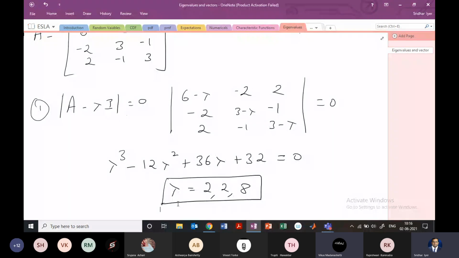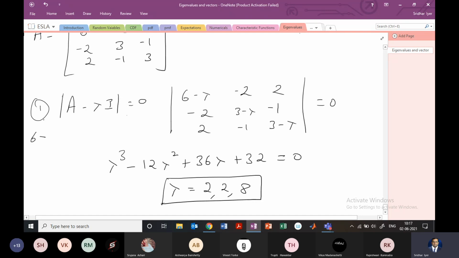We are getting lambda cube minus 12 lambda square plus 36 lambda minus 48, sir. No, there is a negative 8 elsewhere, and you have two negative 8s that you will get in the equation. That's how it becomes 48 minus 16. There are two negative 8s that you can see in the equation itself.